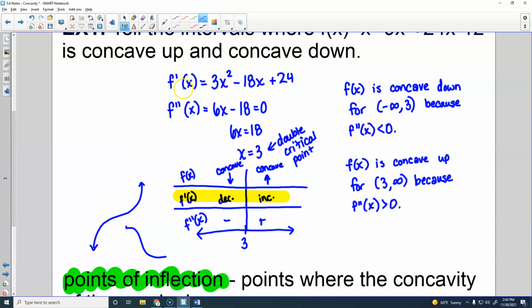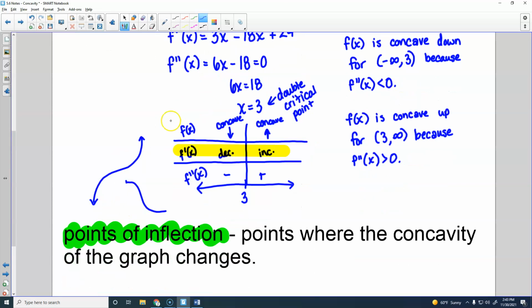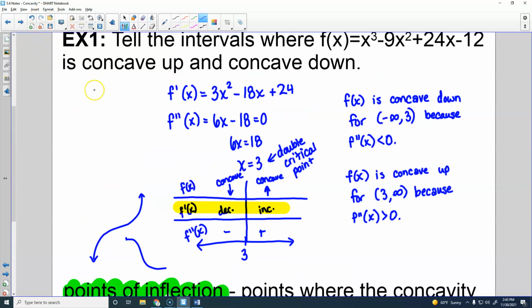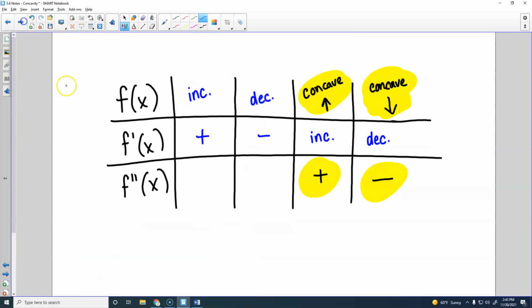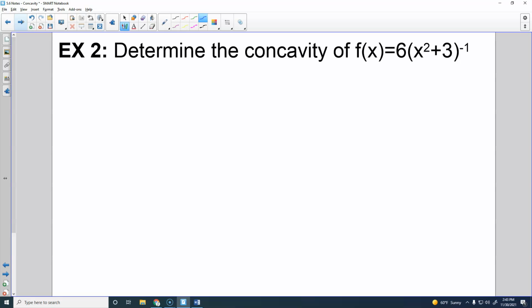We'd have to look at the first derivative to tell which one of these it would be. That's your derivative, though, not your original function. So you would have to do a sign line for the first derivative to tell whether the function's increasing or decreasing, which we're not putting all of that together yet, so we don't have to worry about that.